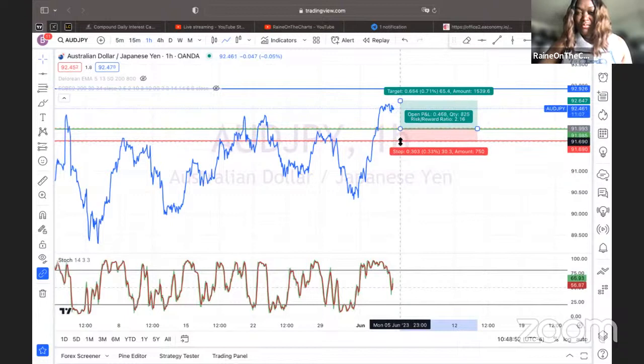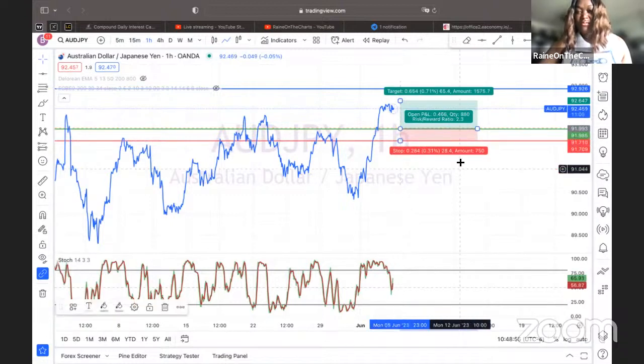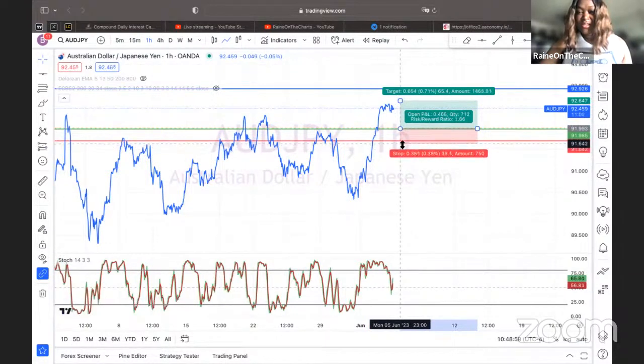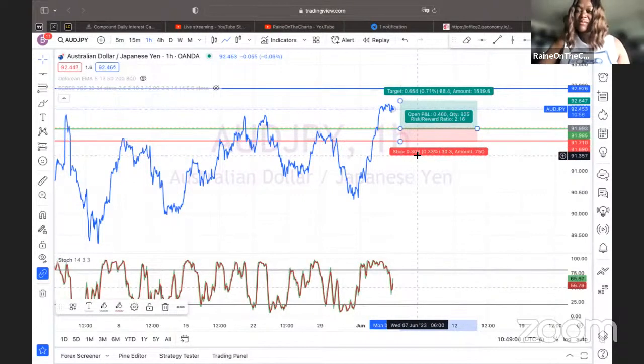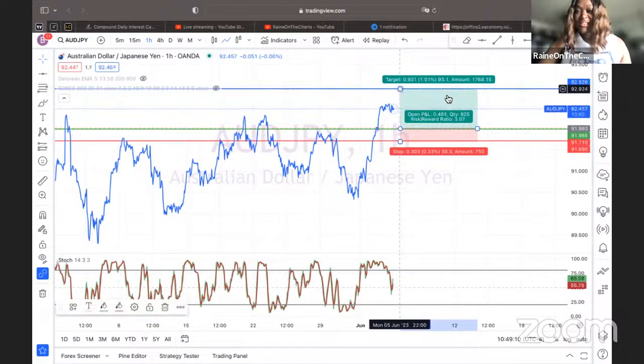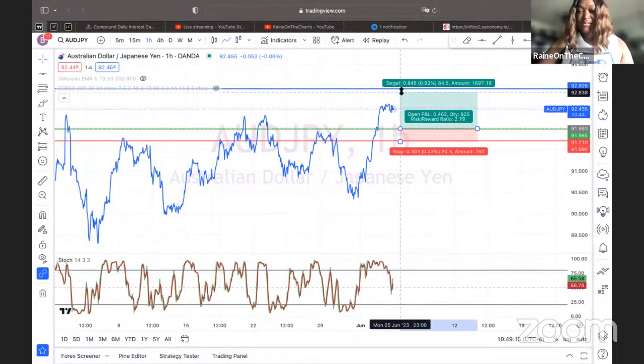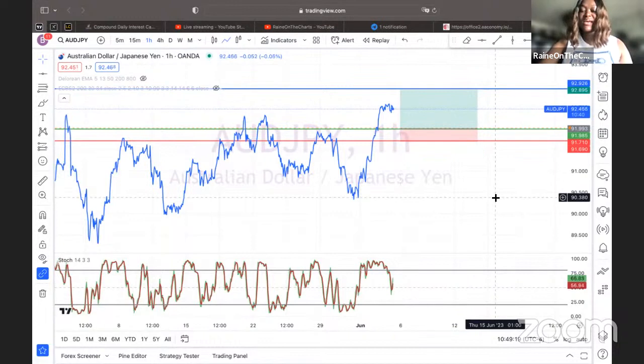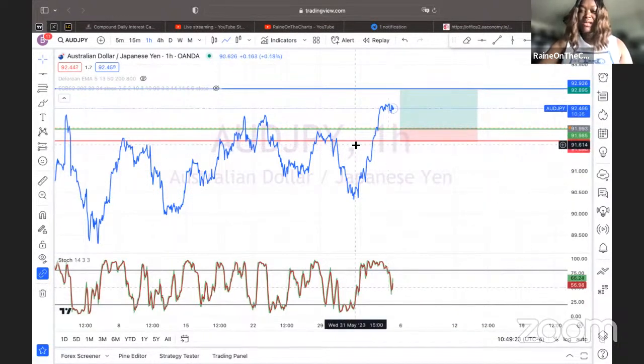So it says 28 pips. Let's do 30 pips. Let's make it a 30 pip stop loss. And my take profit, I have it at 93. Let's do 90 pips. That can be that. So now a 30 pip stop loss, right?